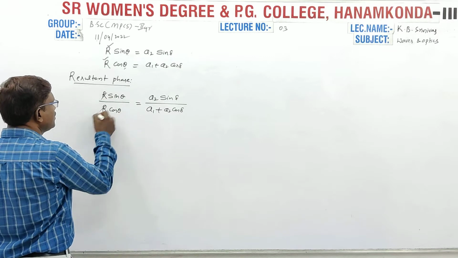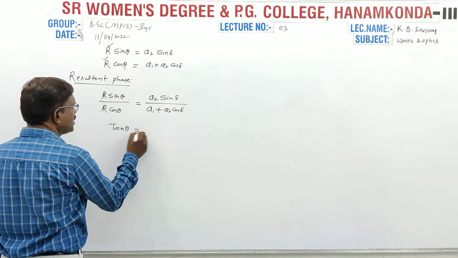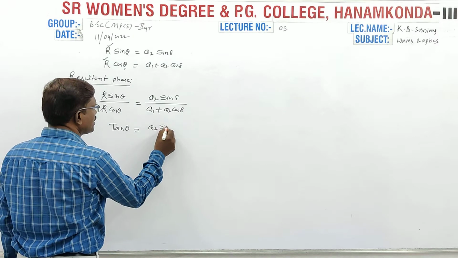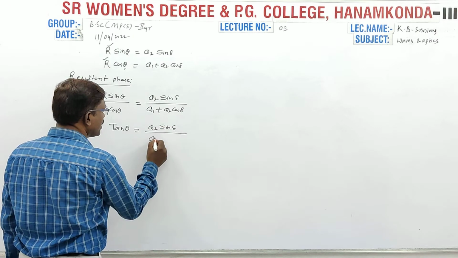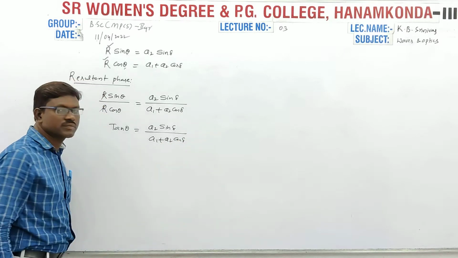R gets cancelled, and sin by cos becomes tan. So tan theta is equal to A2 sin delta whole divided by A1 plus A2 cos delta.